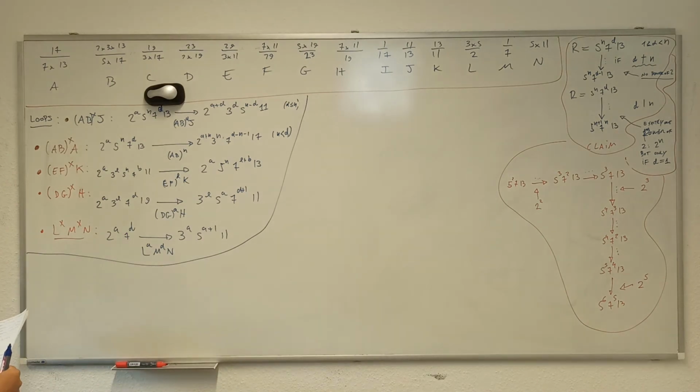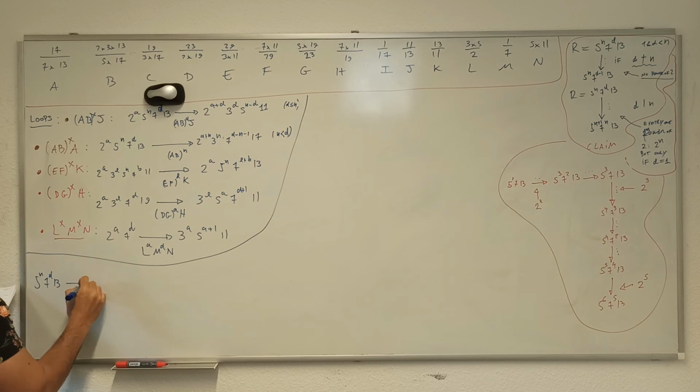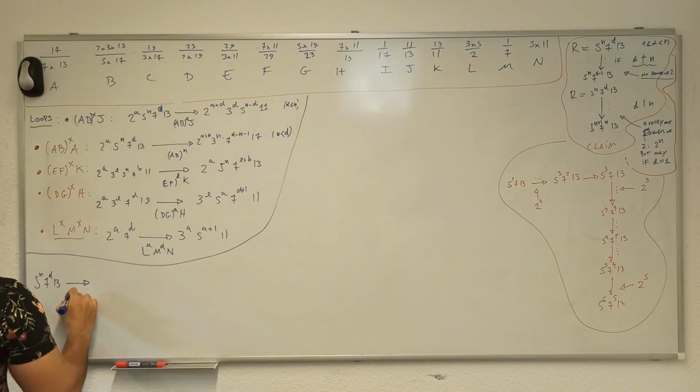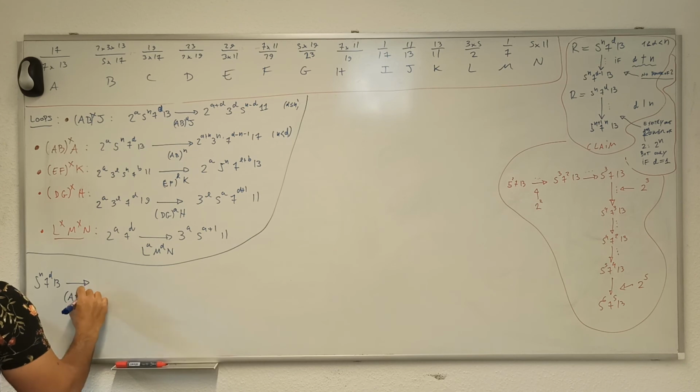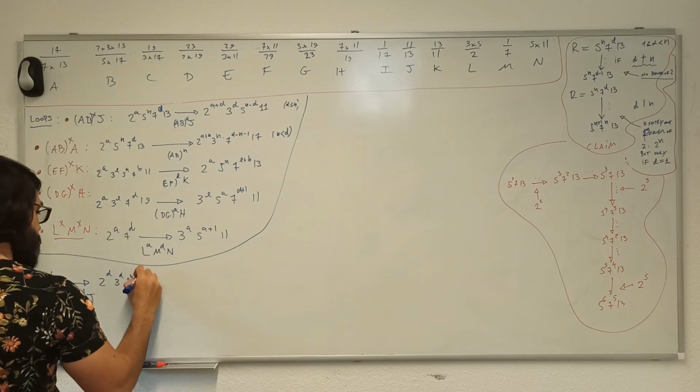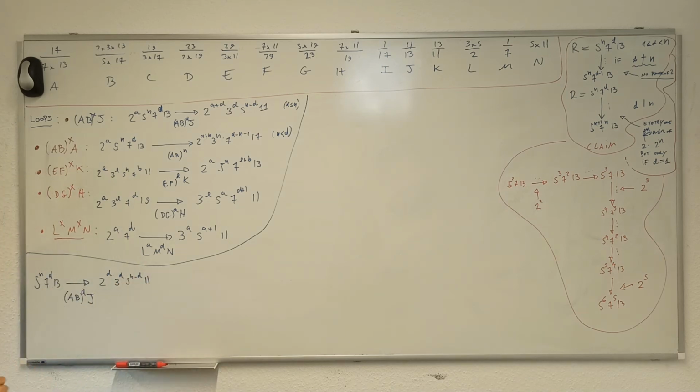So now we have to prove the claim. So suppose I start with 5 to n, 7 to d, 13. Then, well, this is exactly as in the first loop here. So I just apply a, b to the d and the j, and I get to 2 to the d, 3 to the d, 5 to n minus d, 11. Okay, that's the first loop.